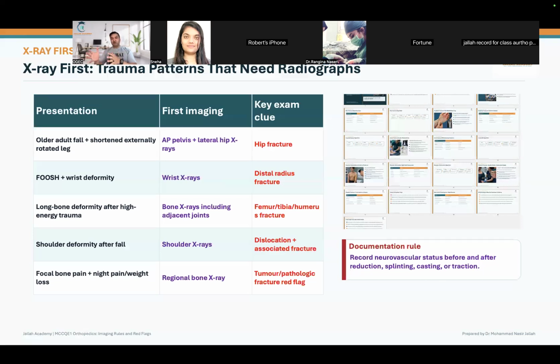Before you do the X-ray, if the patient is not stable, you stabilize the patient, ABC, and then you do the neurovascular examination. Then you take an X-ray. Then you do the reduction. After reduction, you do what? Again, you check the neurovascular status and take another X-ray just to make sure everything is fine.